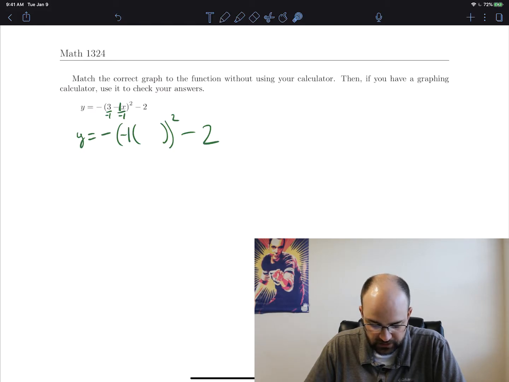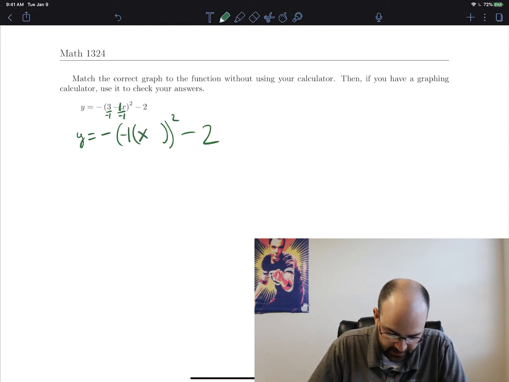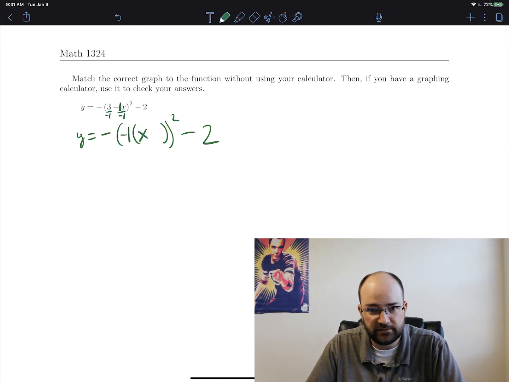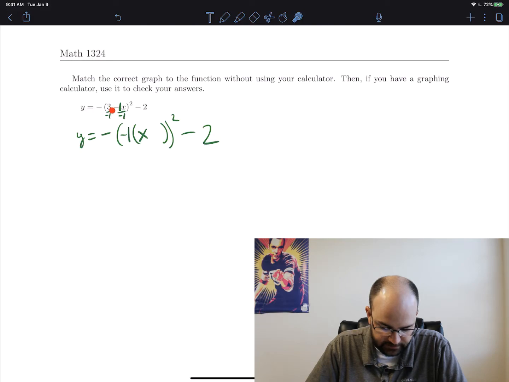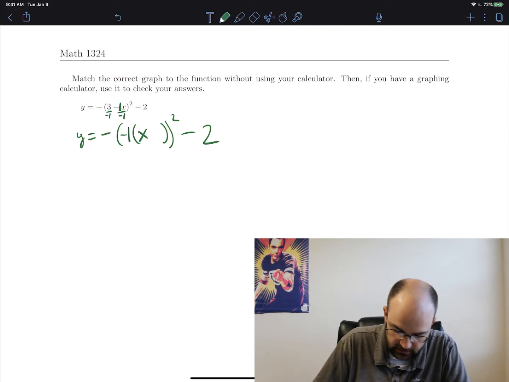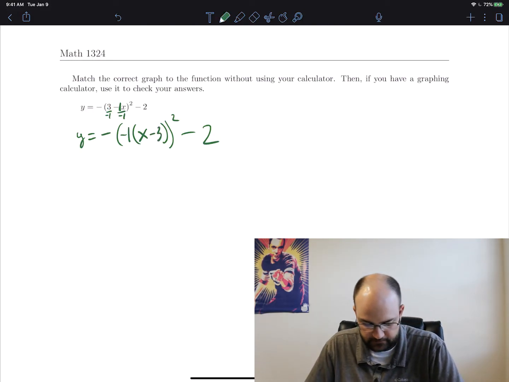Start with the x's first. Negative 1 divided by negative 1 is just a positive x. That's the reason we did this to begin with. We always want the number in front of x to be 1. And then 3 divided by negative 1 is negative 3.